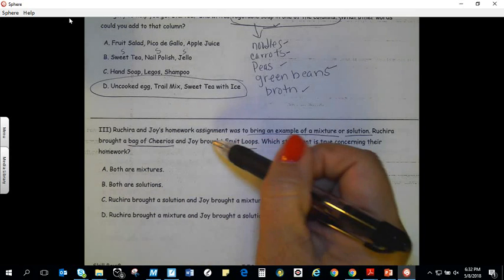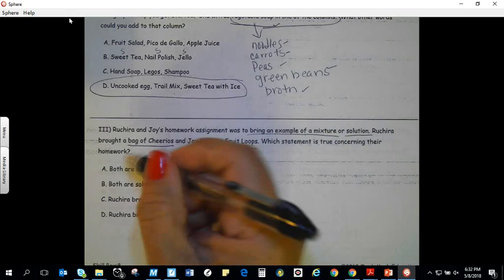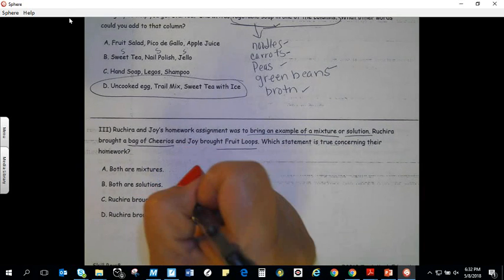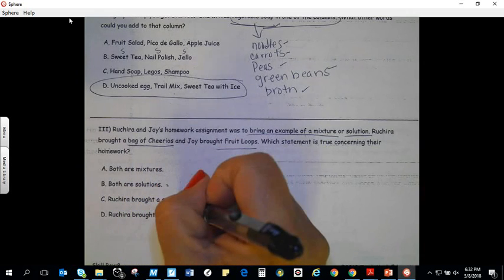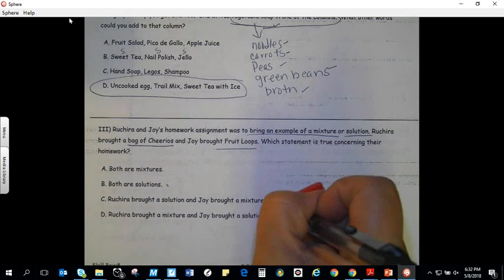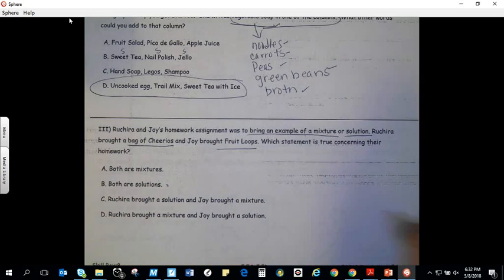Are both mixtures? Both solutions? Ruchita brought a solution and Joy brought a mixture? Ruchita brought a mixture and Joy brought a solution?